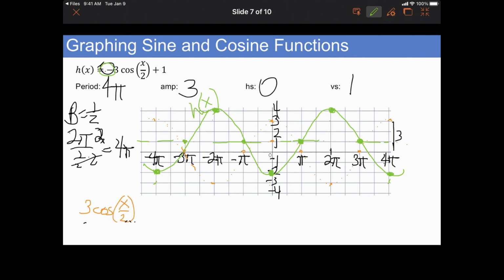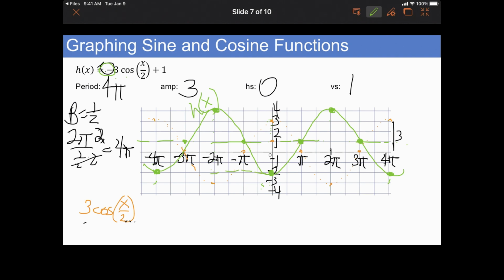All right, so let's double check. If I'm looking at this, I can tell that, yes, it's reflected because it's a cosine. It should have started up here in the positive, but it's not. It's in the negative. It's 3. From the top and bottom, you see 1, 2, 3, 4, 5, 6. So half of that is 3.